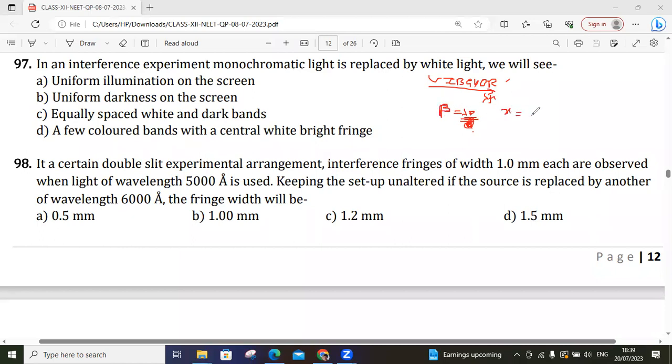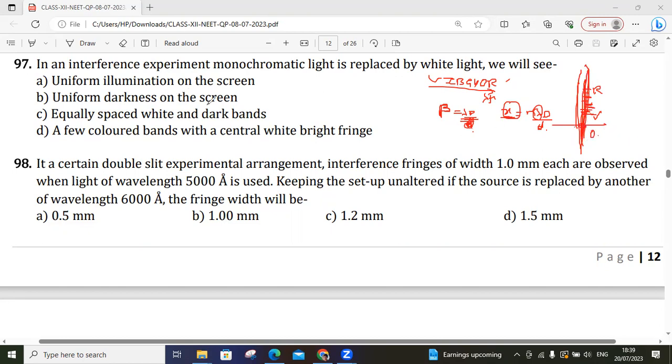And x is equal to n lambda D by d. So all will have their maxima at different positions. Violet will be at the minimum, then it goes like this, and red will come here. Like this we get bright fringes, with x measured from the center of the screen.